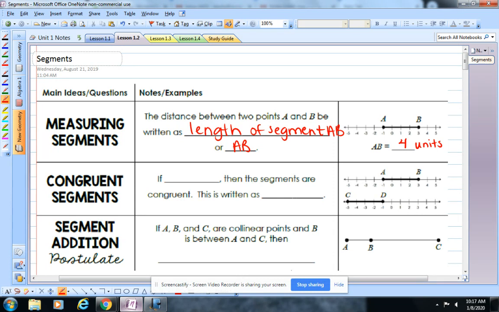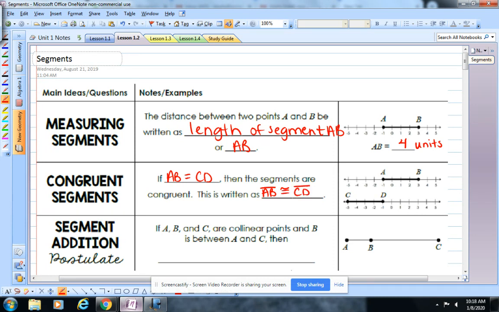If we're talking about segments themselves and they have equal measures, then we can call those segments congruent to each other. So if the length of AB equals the length of CD, then we can say that segment AB is congruent to segment CD.